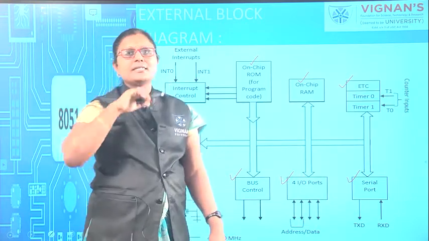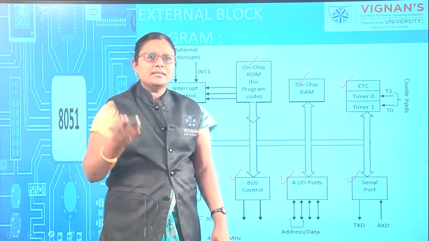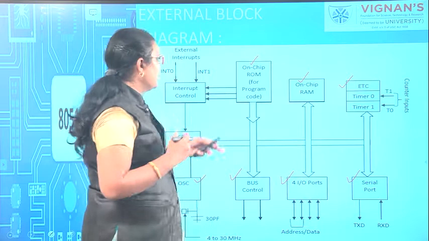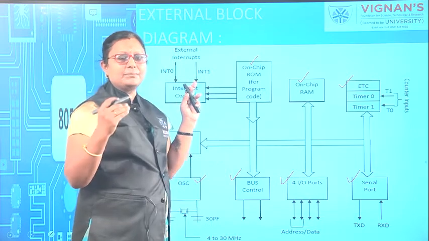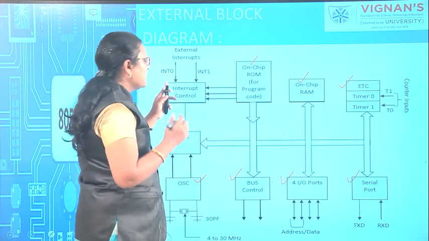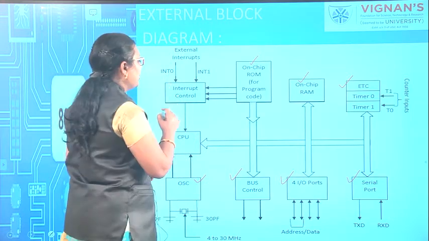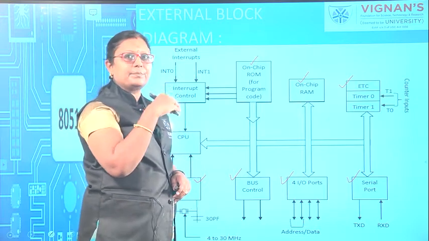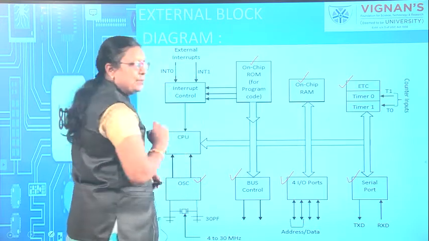Interrupt control in the sense that there is a possibility of external or internal interrupts. If an external interrupt occurs, we need controlling options and controlling signals, so in order to do that, we use interrupt control. We also accommodate this interrupt control with the CPU.